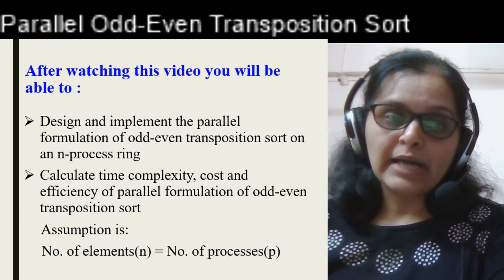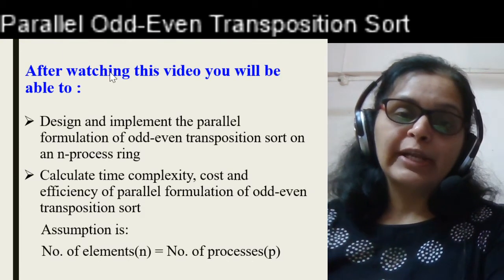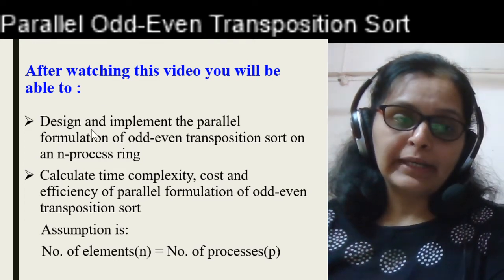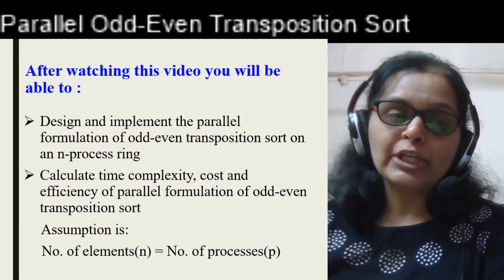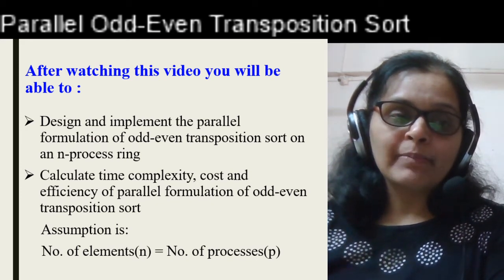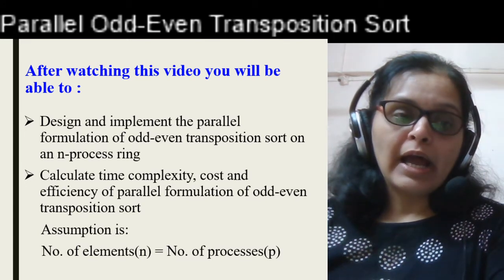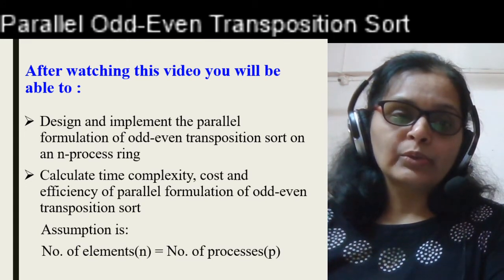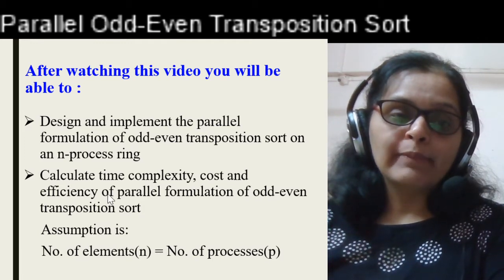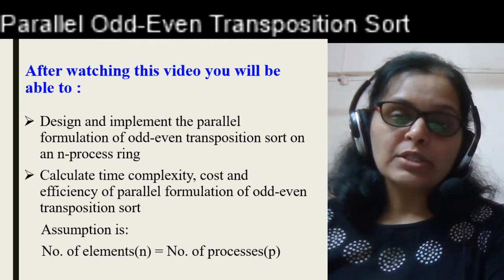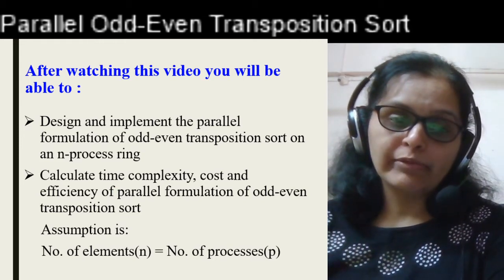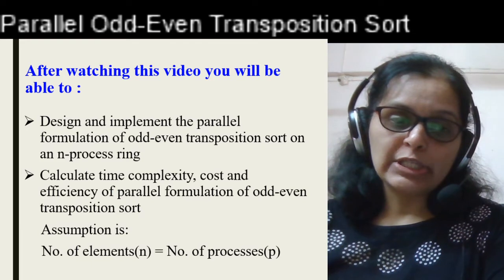So let us start. After watching this video, you will be able to design and implement the parallel formulation of odd even transposition sort on an n process ring. And after that, you will be able to calculate the time complexity, cost, and efficiency of parallel formulation of odd even transposition sort.